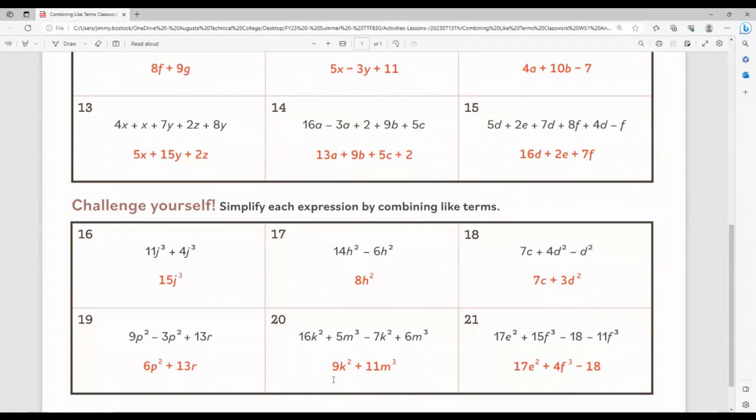I'm going to switch this off. All the challenge ones? Okay, I'll do that. I'm going to turn this off, and I'm going to switch to camera.